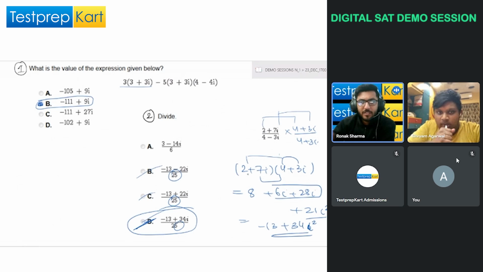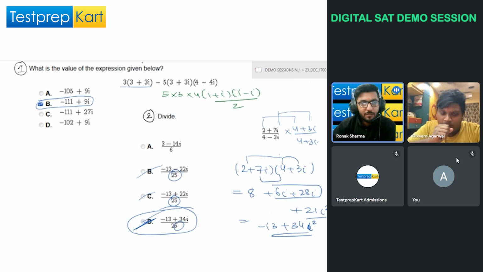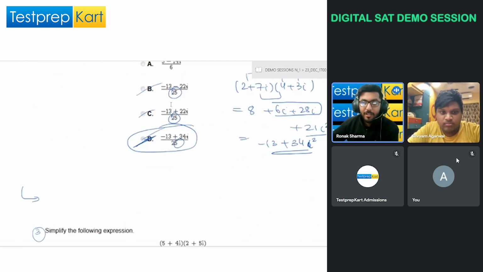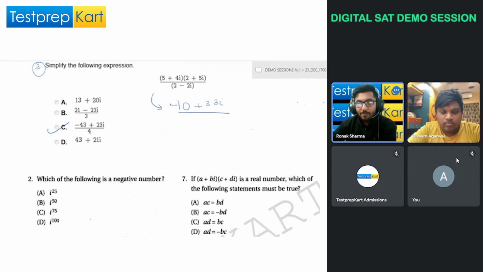If you have 1,000 questions of such nature, you will always observe it. Here, I took 3 common and 4 common, so it was only 1 plus iota and 1 minus iota, which I directly took as 2. That always will work. With time, you'll be able to do it at this pace. But remember that if you are able to take out common, do it right away. So here you have 2 minus 2 iota.